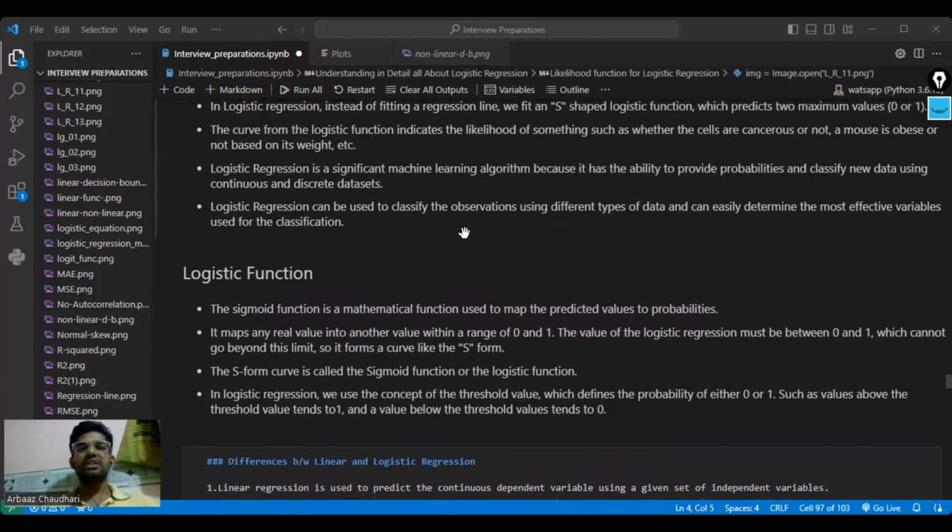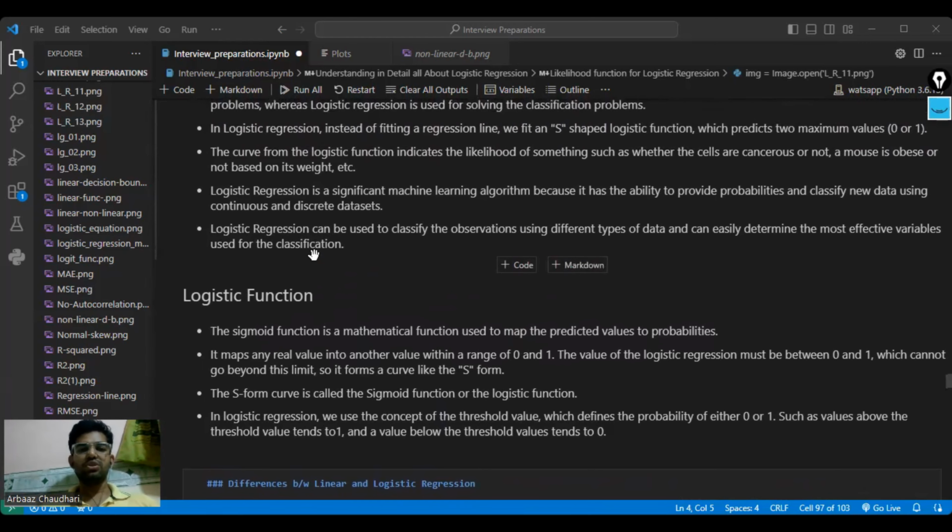It is also able to identify which of the features are more important. So we can get to know from the logistic regression model which of the features are more useful to our problem statement.